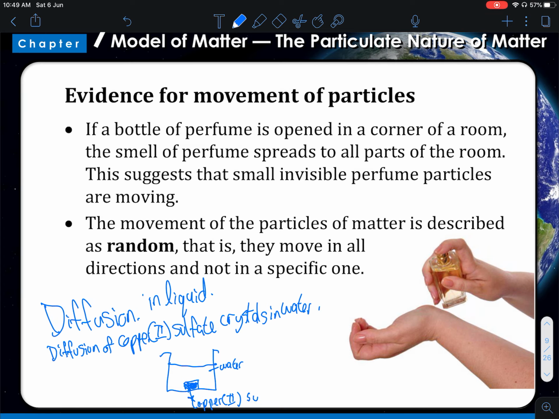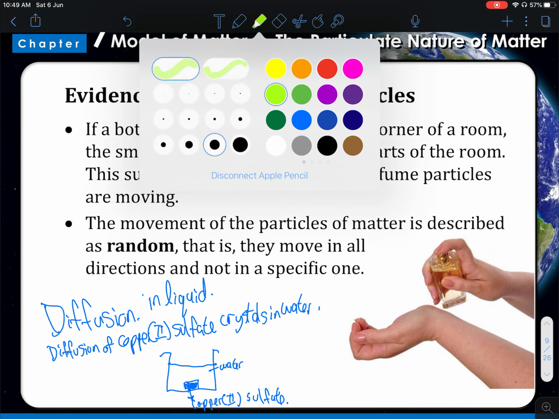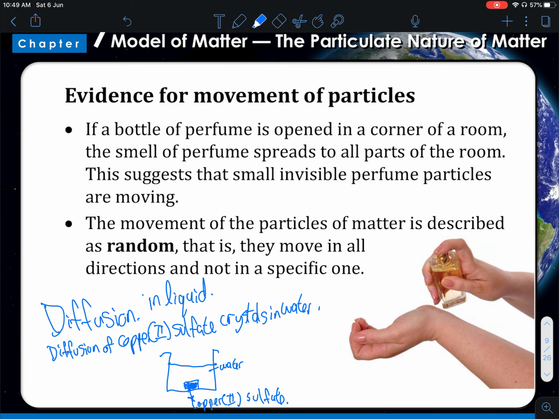They have a copper-2 sulfate crystal. So what happened in the copper-2 sulfate crystal is that most of the particles are mainly situated at the bottom. But after some time, you realize that the particles will slowly be diffused throughout the whole solution.